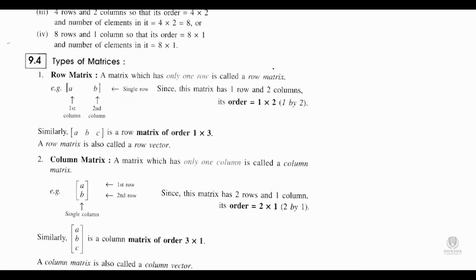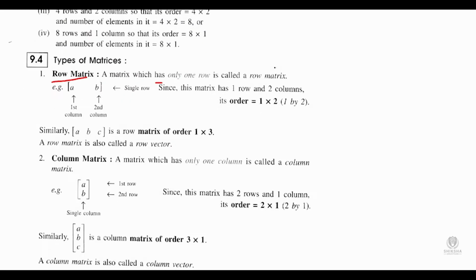Now, types of matrices. The first is row matrix. A matrix that has only one row is called a row matrix, like in this case. Then a matrix which has only a single column is known as a column matrix.